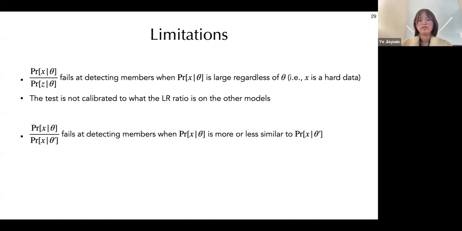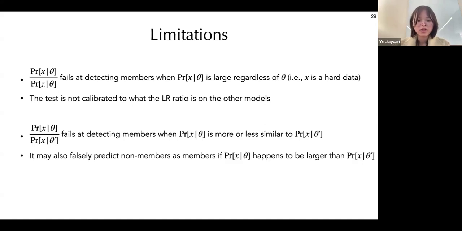So it's very generalized across different models. Additionally, it may also falsely predict non-members as members if P of X given theta happens to be larger than P of X given theta prime. Why do we say it happens to be?